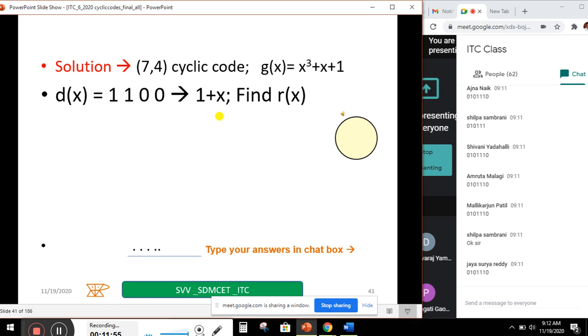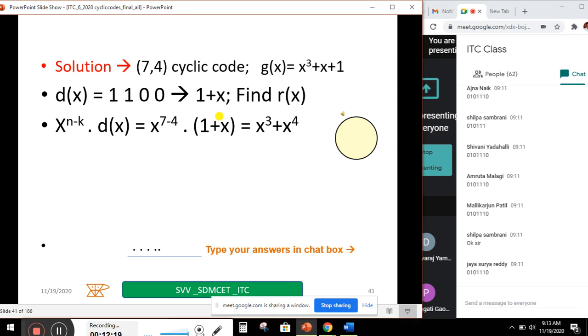Solution: 7, 4 cyclic code. G of x is given, x cube plus x plus 1. D of x is given, 1100. Write down 1 plus x, find r of x, q of x, follow the same procedure. All of us know x raised to n minus k into d of x whole divided by g of x.